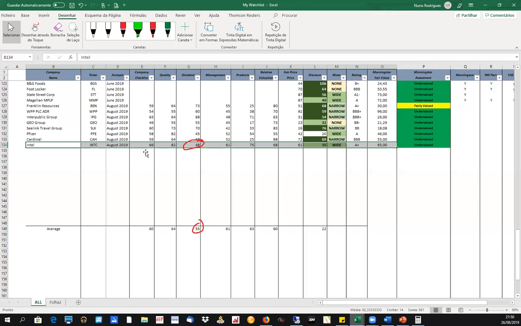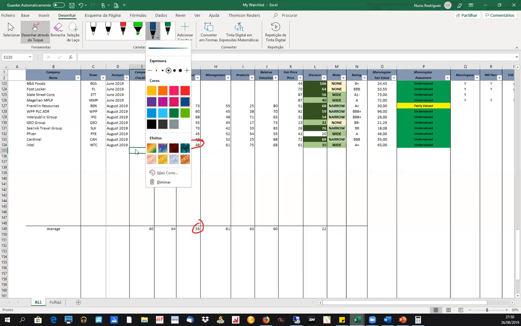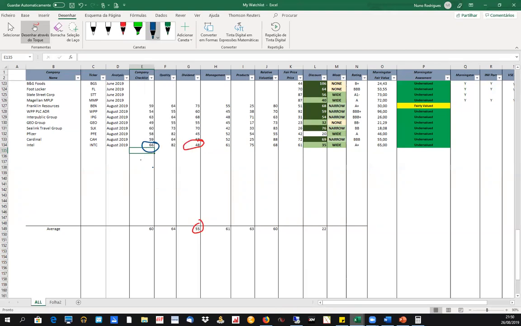So if we then see that Intel has the highest score compared to its peers, then yeah, we should consider buying because the company is really, really good. If we do find that there are some competitors that have a higher score, or have a dividend above average, then you should consider buying that instead of Intel.